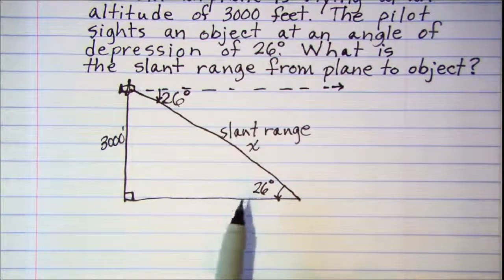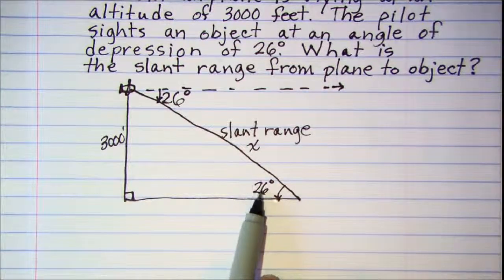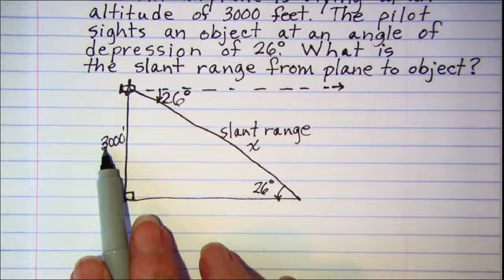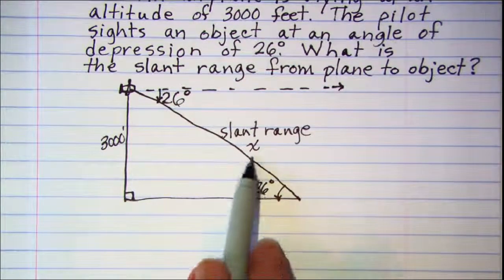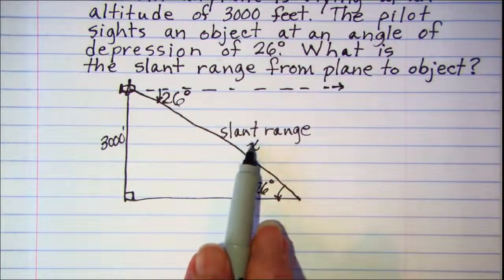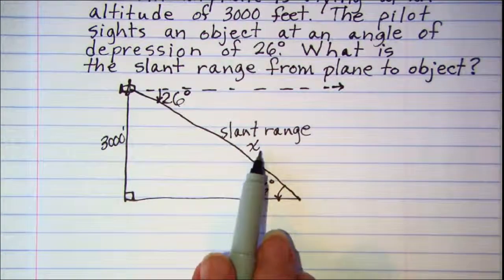All right. Now I can use this 26 degree angle. The 3,000 is the side opposite that angle, and the X is the hypotenuse since it's across from the right angle.